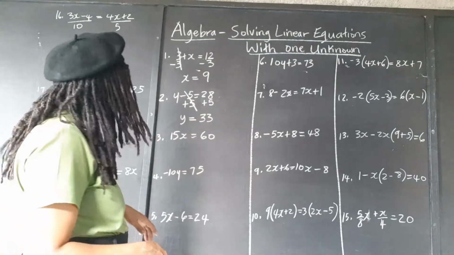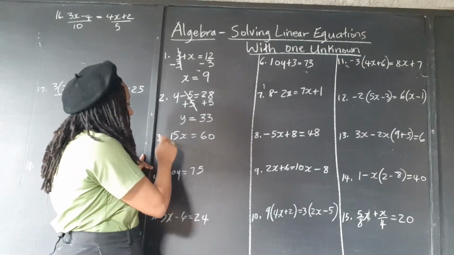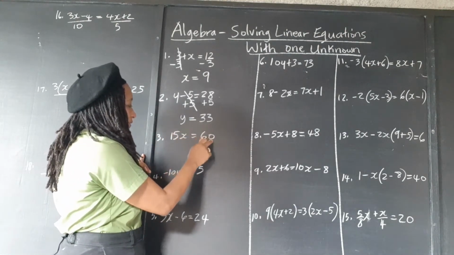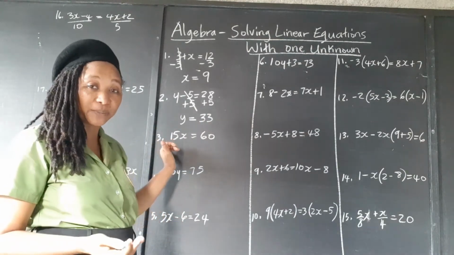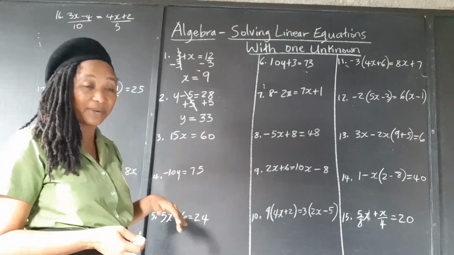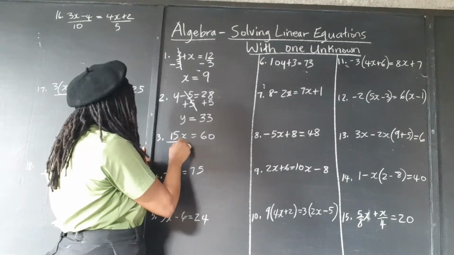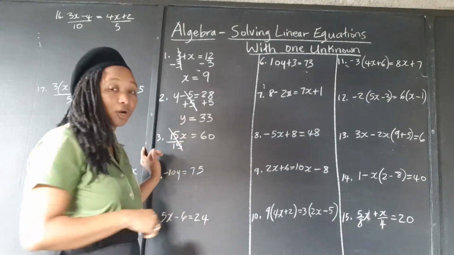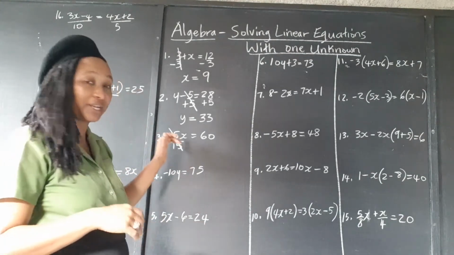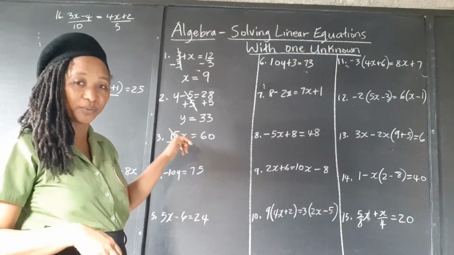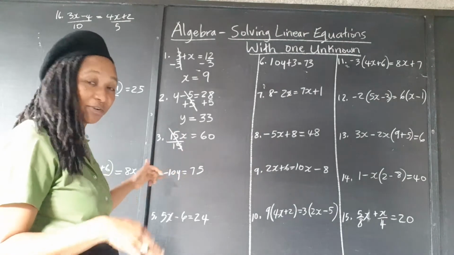Here, 15 times what number gives 60? The inverse of multiplying by 15 is dividing by 15. So we're going to divide by 15 so that that becomes 1. And we don't want 0 in this case because the 0 would also get rid of the variable, right? 0 times the variable.